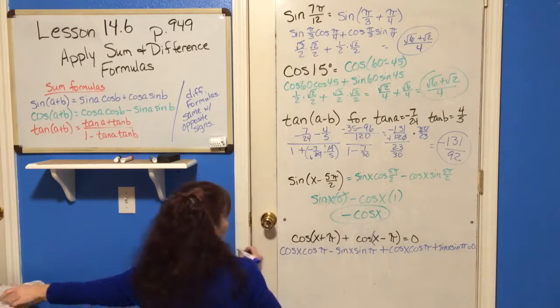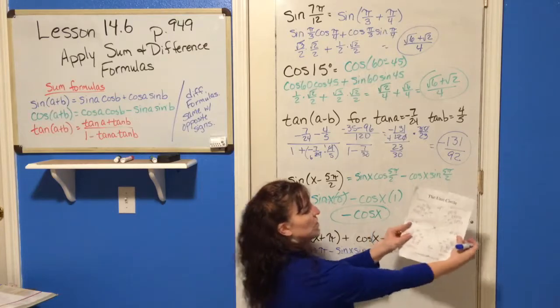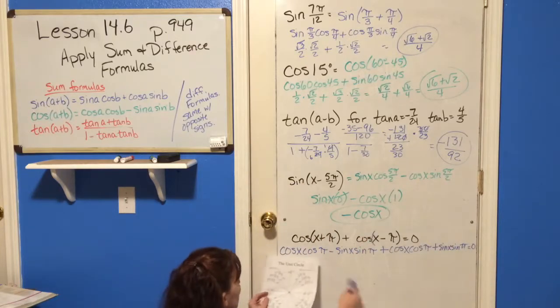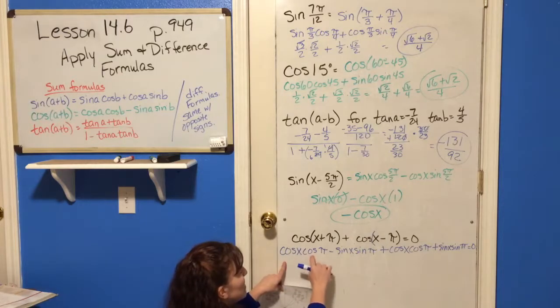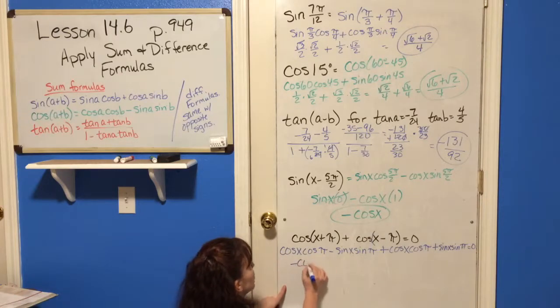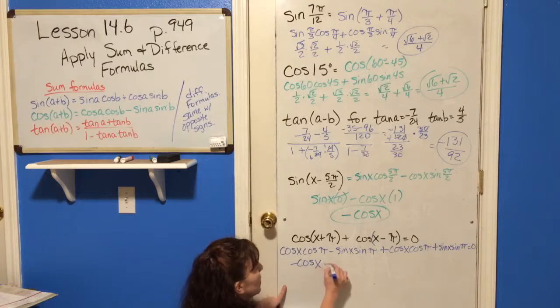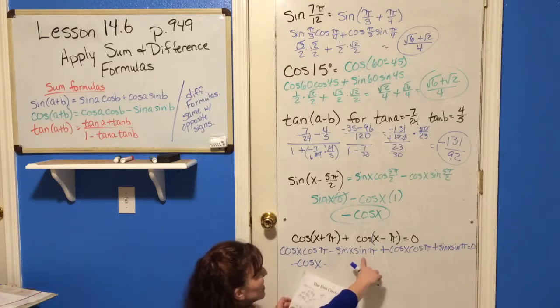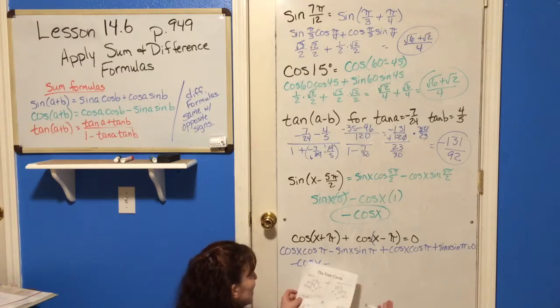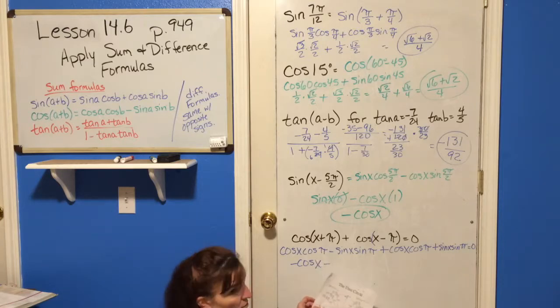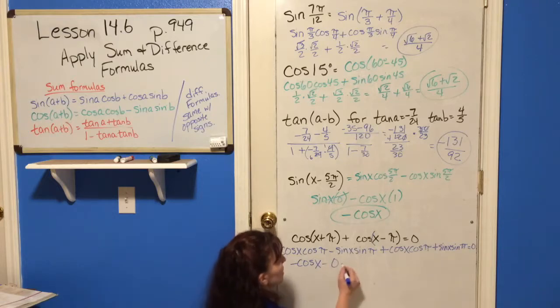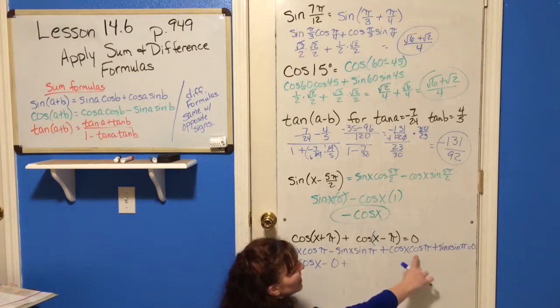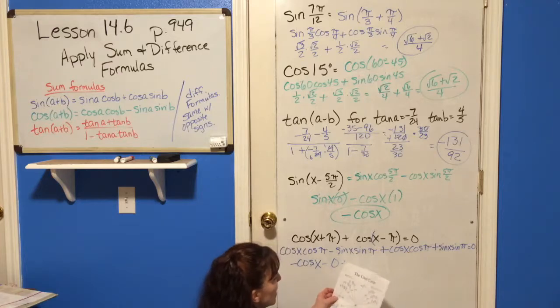All right, so now use your handy dandy little circle, and you know cosine at pi is -1. So cosine of x times -1 is negative cosine of x. Minus sine of x times sine of pi. The sine at pi is 0, so that just totally drops out. Minus 0, you can even put in minus 0 if you wish. Plus cosine of x times cosine of pi.